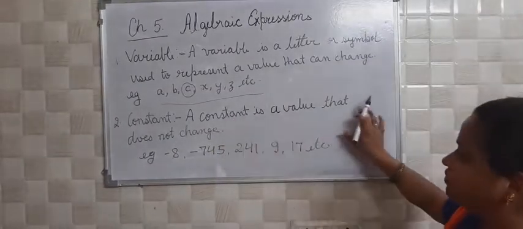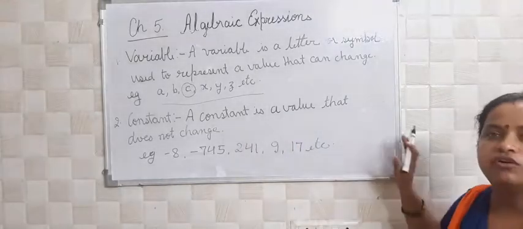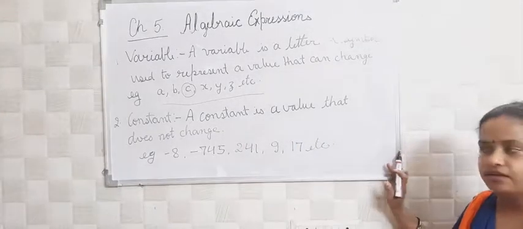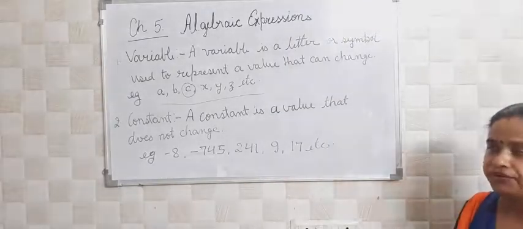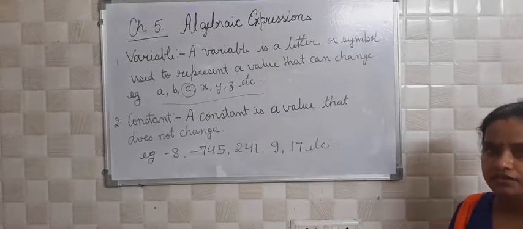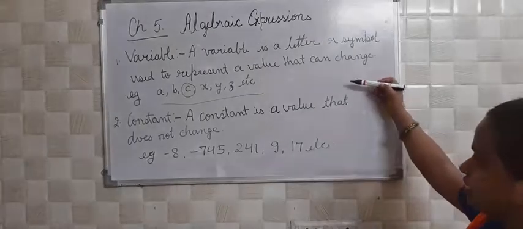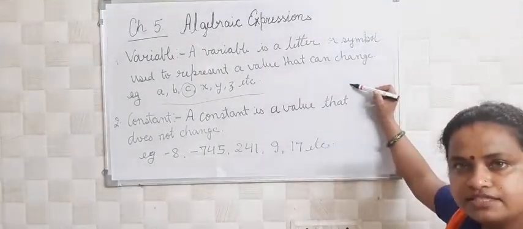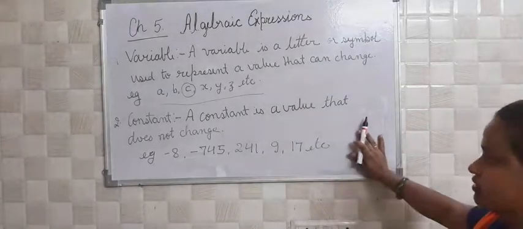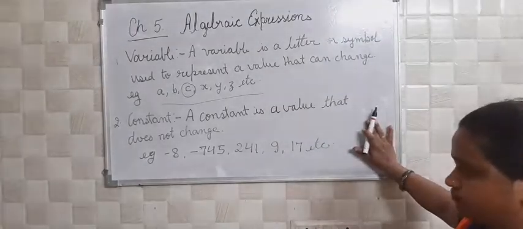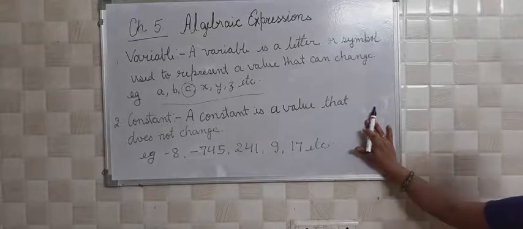It is a value that is not going to change, it will always remain the same. Like all the numbers, all the numerals are your constants. In short we can say all alphabets are variables in mathematics and all the numbers are constants in algebra.